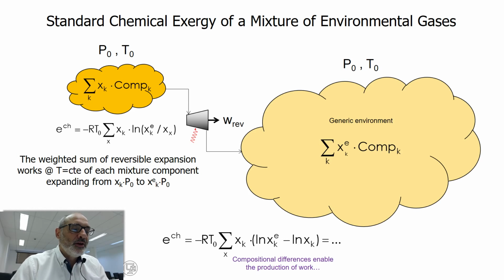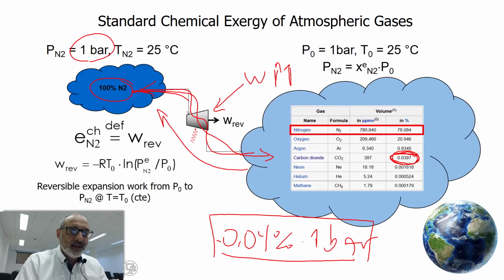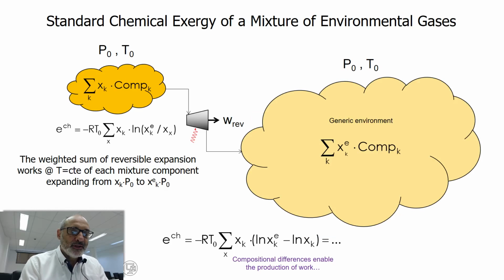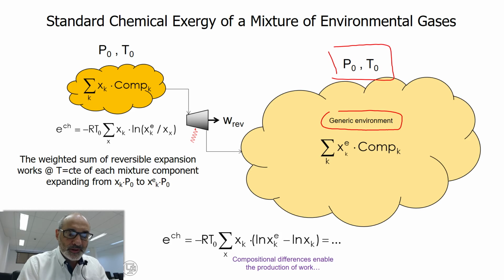So let's try to generalize these expressions, because all these calculations I did considering our own atmosphere as the reference environment. So if I have a generic environment, of course at the same pressure and temperature, P0, T0, and the components of this environment are listed here, and the corresponding molar concentrations are here.